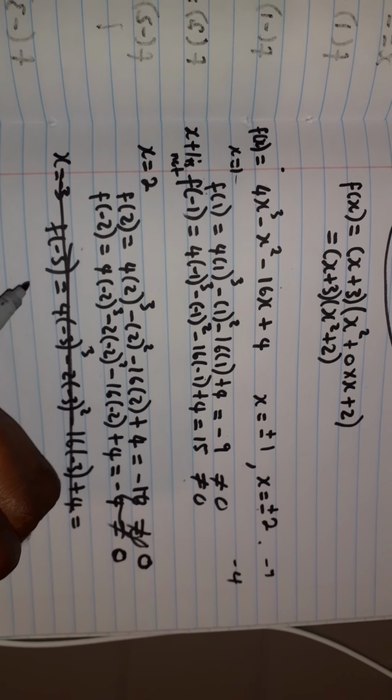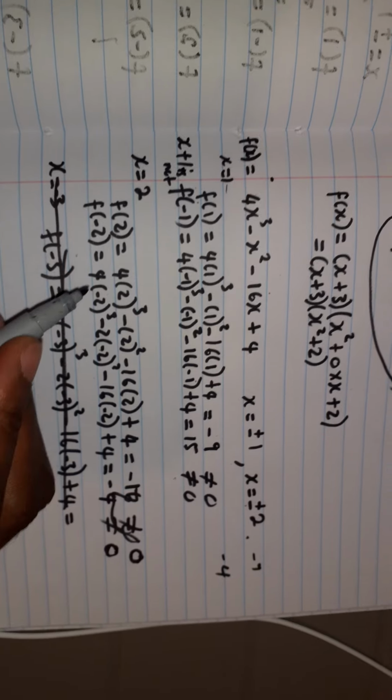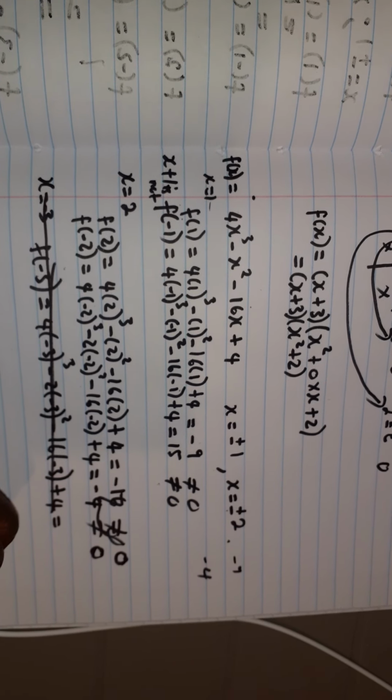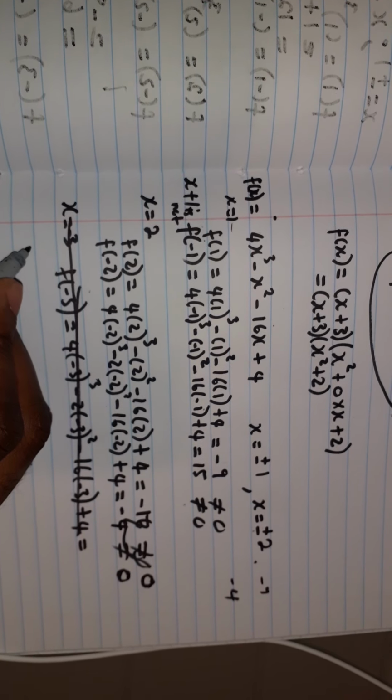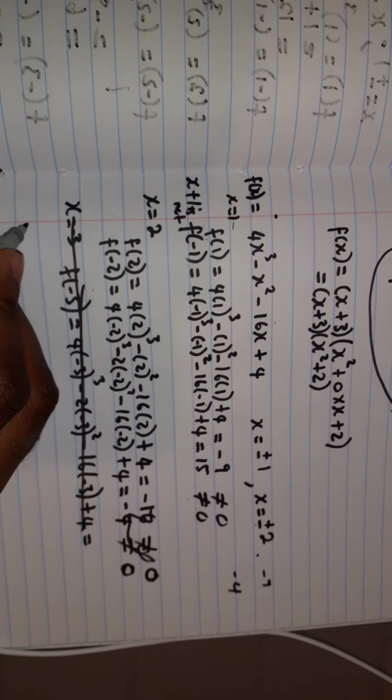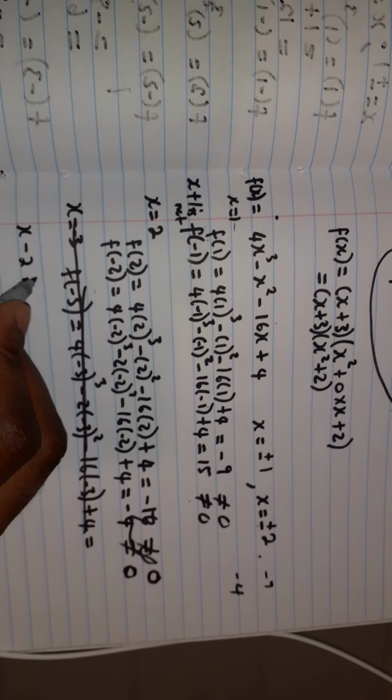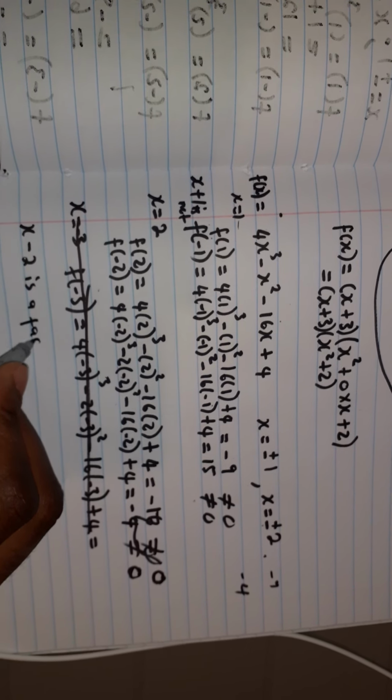But then we have to choose one. So I choose x equals 2, that is, x minus 2 is a factor.